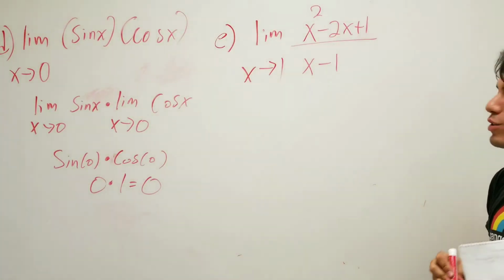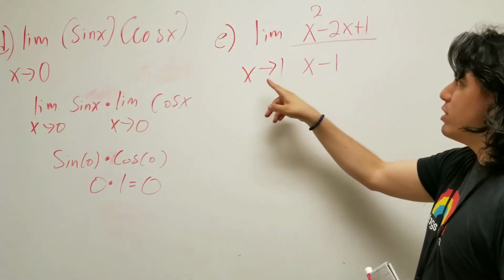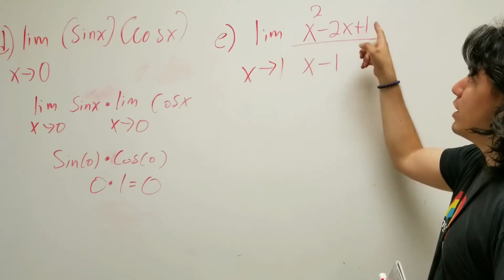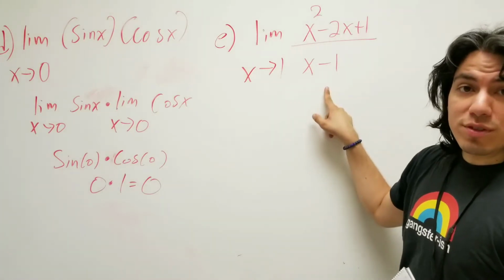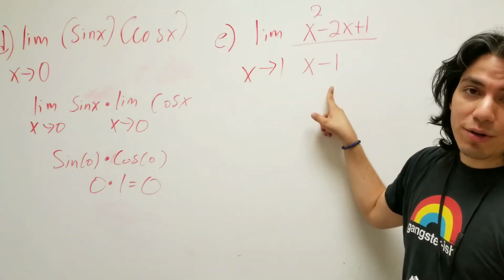The point I wanted to show you is that if you simply plug in 1 for every single thing, including the numerator and the denominator, this would become 0 over 0, which is a problem. We don't want that at all.